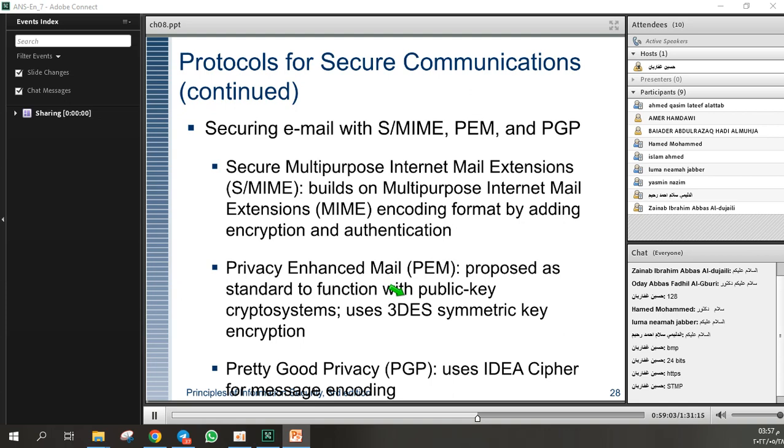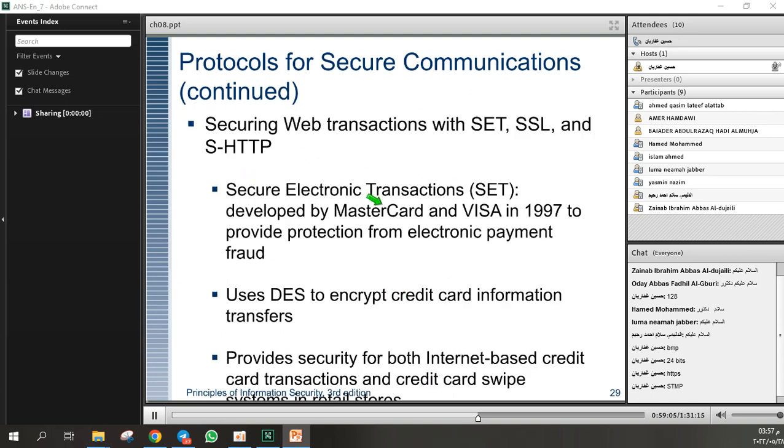Another protocol for secure communication is SET. SET is Secure Electronic Transaction. SET was presented by MasterCard and Visa in 1997 to provide protection from electronic payment fraud. When you are using credit cards, your credit card acts over the SET protocol.